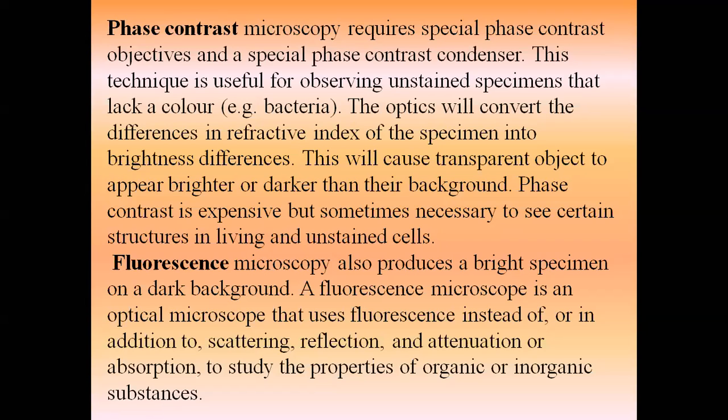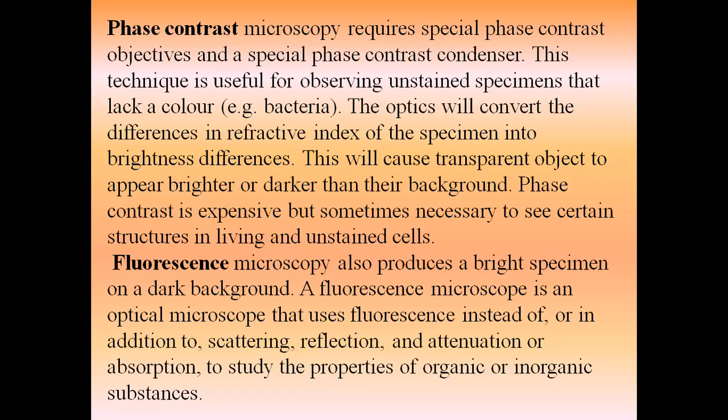When the light is passing through the specimen, based on its refractive index, the specimen can be seen through the objective lens. We are seeing the specimen because there is a change in the refractive index of that sample.